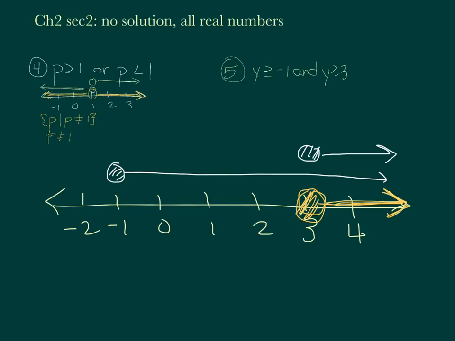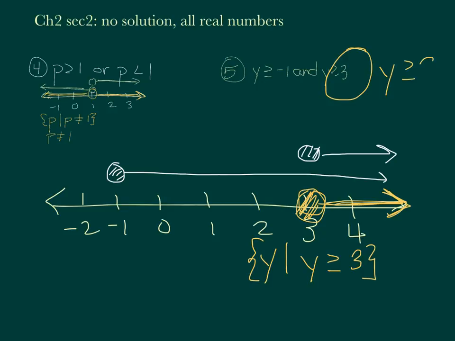Writing this out, in formal notation, it's going to look like the solution for y, such that y belongs to all real numbers greater than or equal to 3. In shorthand, it's going to look just like this: y is greater than or equal to 3.